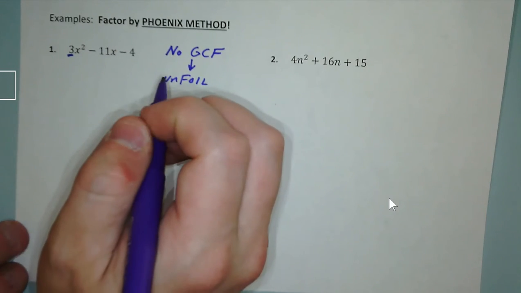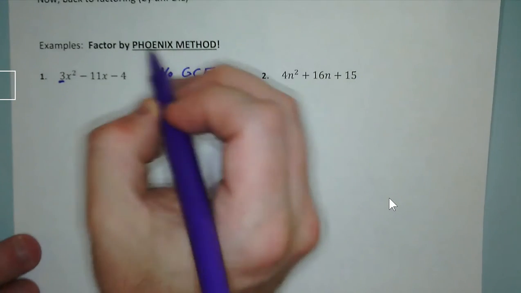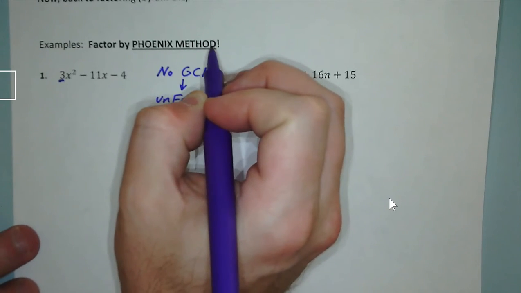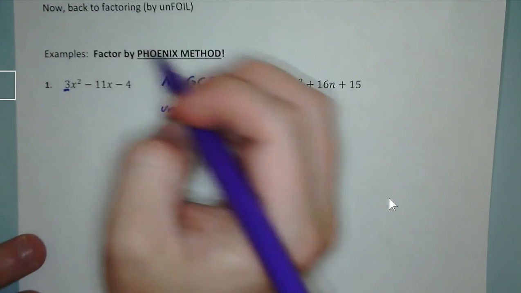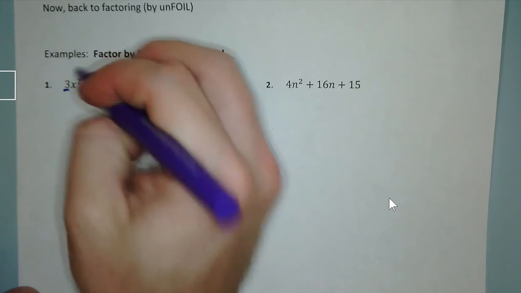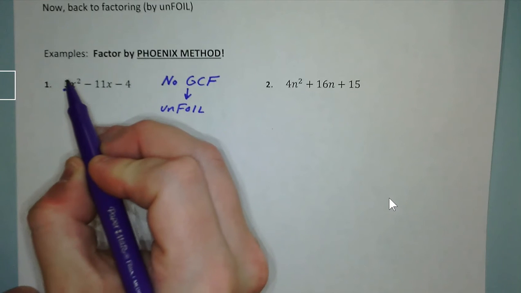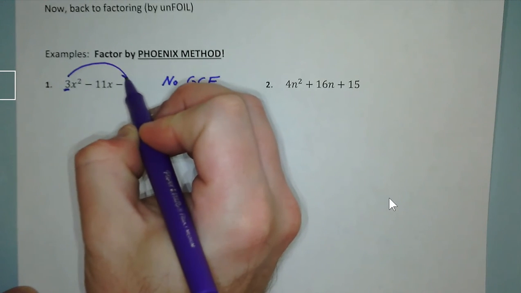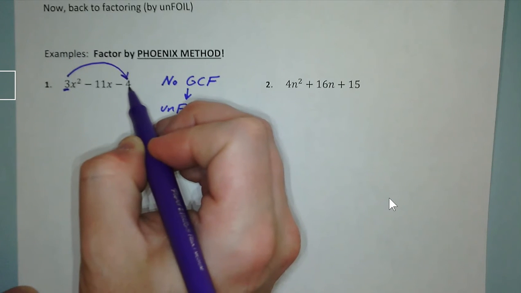So here's what we do. This method is called the Phoenix method. I named it myself. Step 1. We take this 3 that's complicating things in the first place, and we multiply it to that final number at the end here.